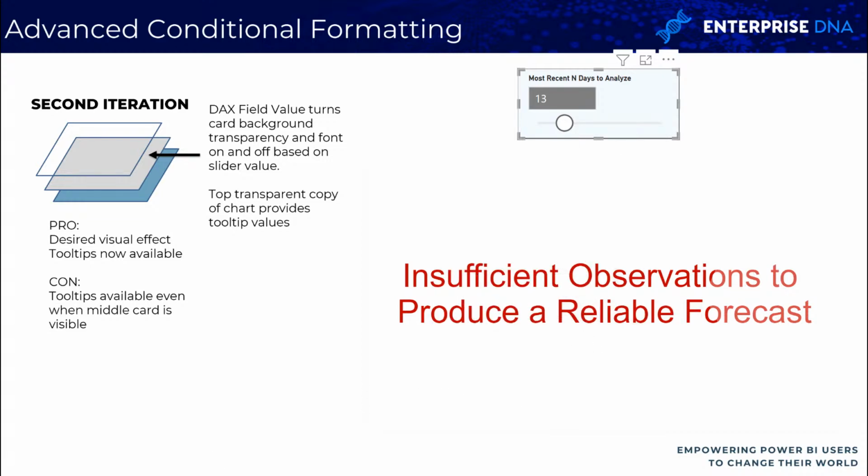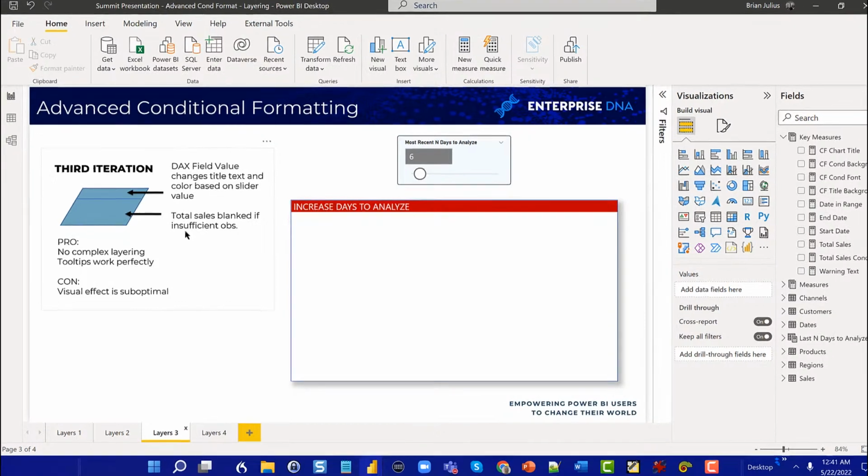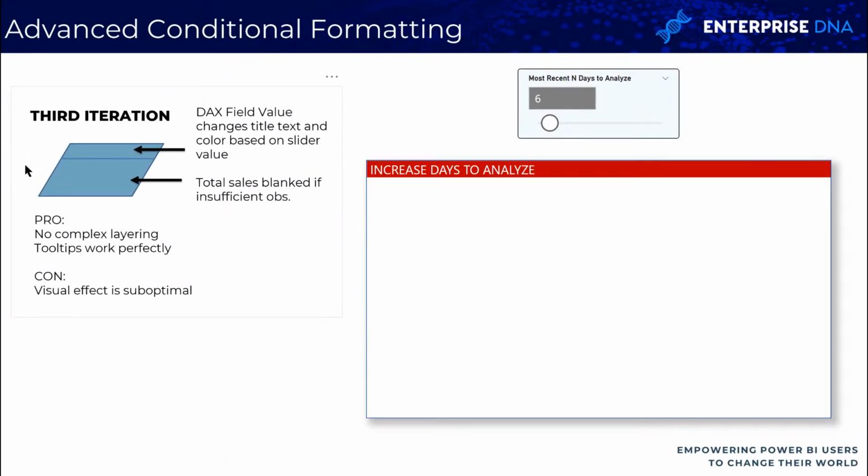So then Pim came back to me and said he had a different solution, in a way much simpler. So what he did is he took the layering apart and built everything on conditional formatting based on conditional titles and then also a conditional measure on the total sales.